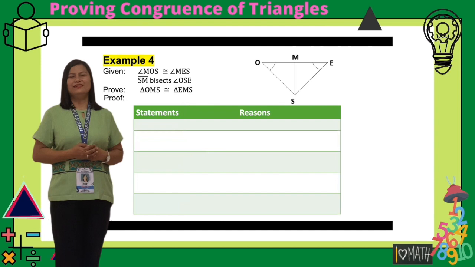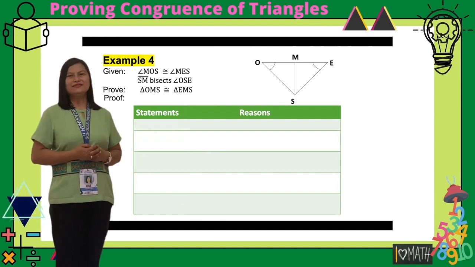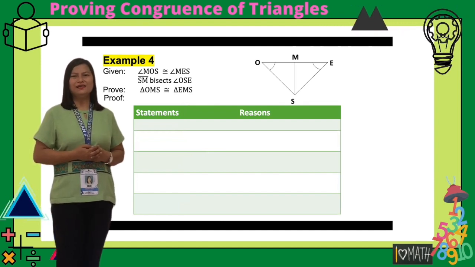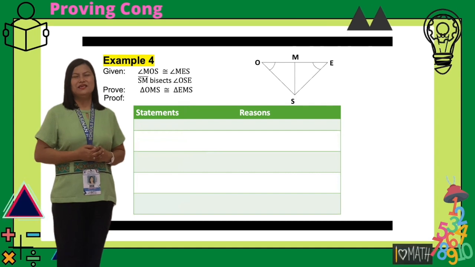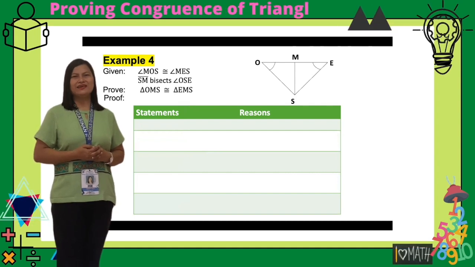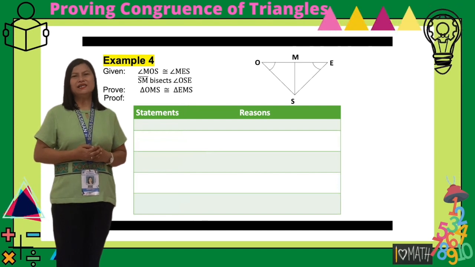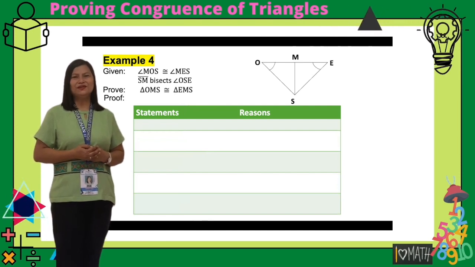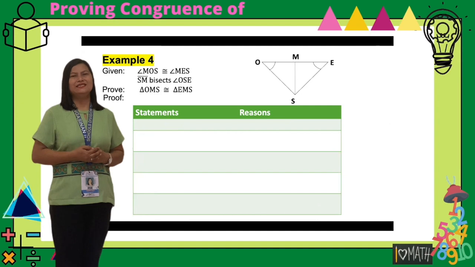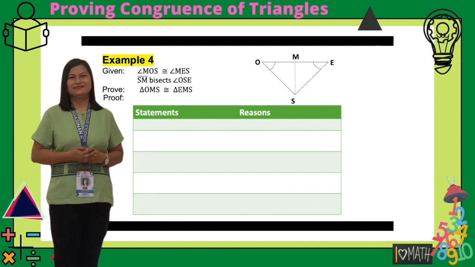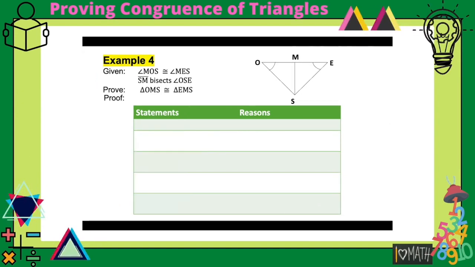And given angle MOS is congruent to angle MES. Segment SM bisects angle OSE. Prove triangle OMS is congruent to triangle EMS. Let's have the proof. Statement 1.